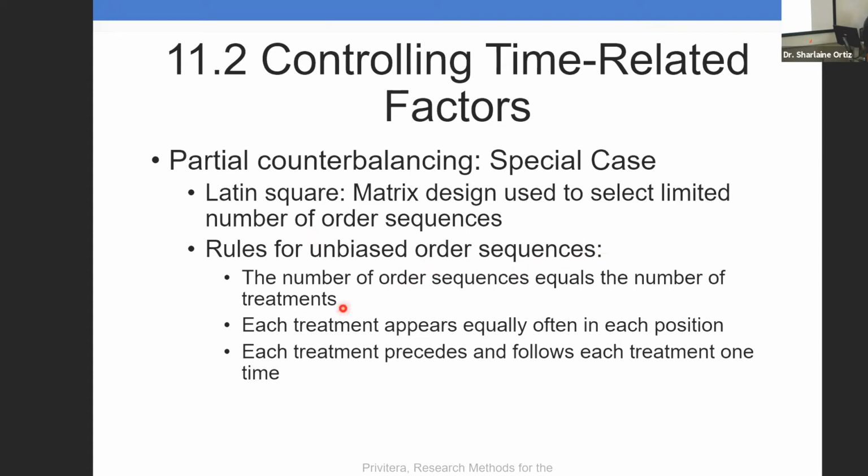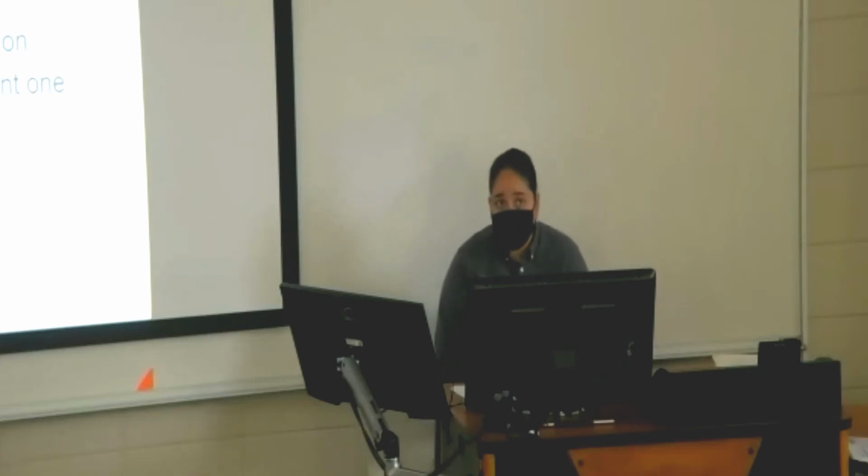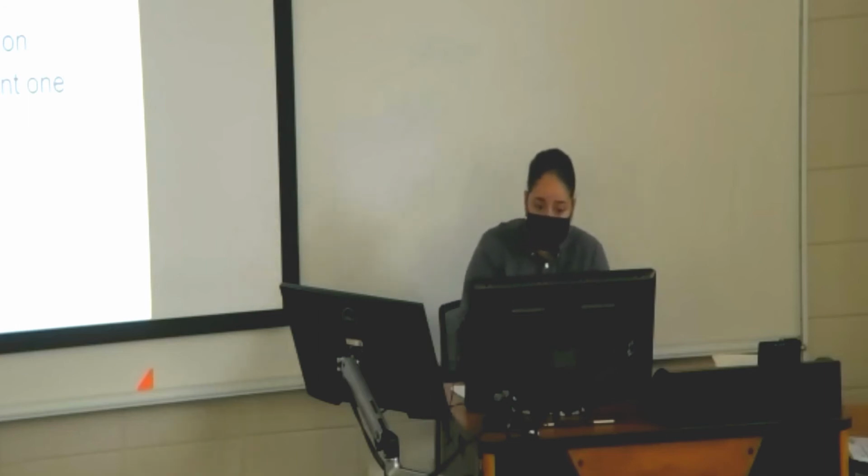The first one is that the number of order sequences equals the number of treatments. So for example, you don't want the order of sequences to be, say, 7 when you only have 2 treatments, right? You want them to be exactly the same.